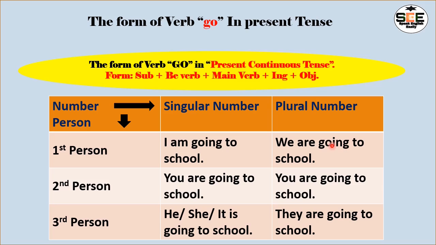Here ing shows it is continuous, and school is the object. So we can say we are going to school in plural number.